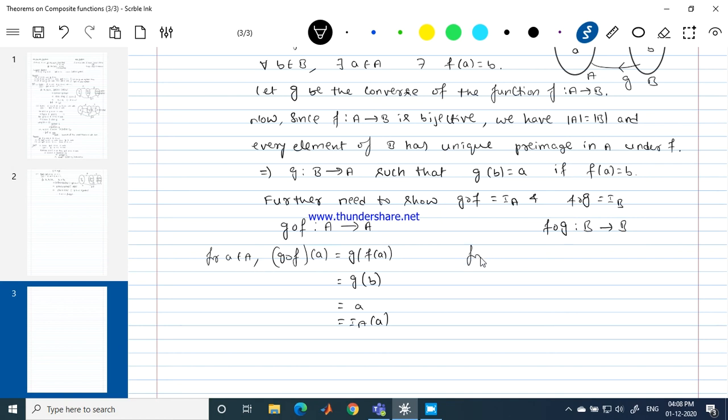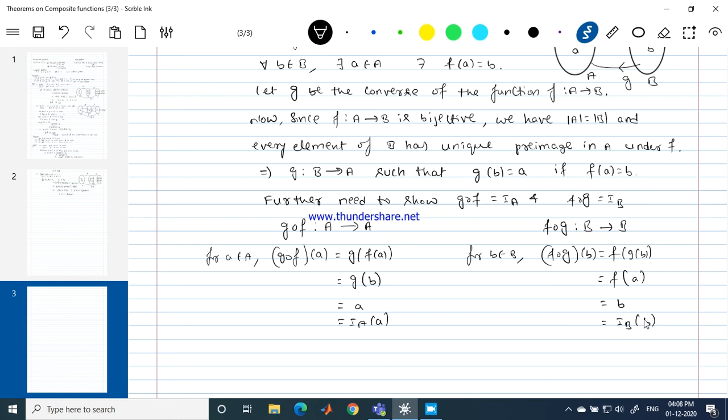Now for B belongs to set B, consider G composition F of B. This is F of G of B. This is F of G of B is equal to A, F of A is equal to B. So B can be written as what?